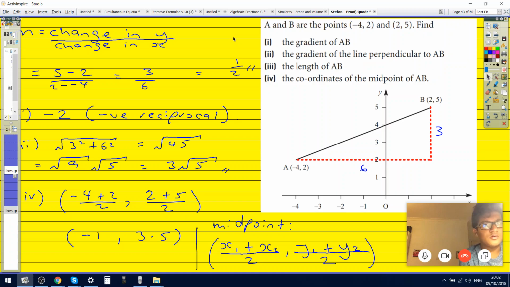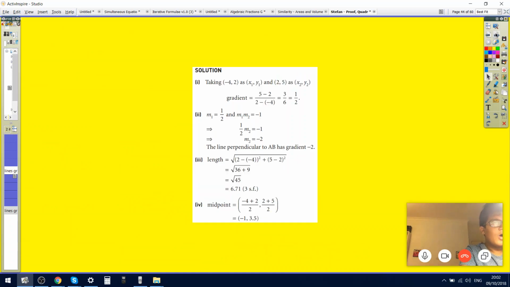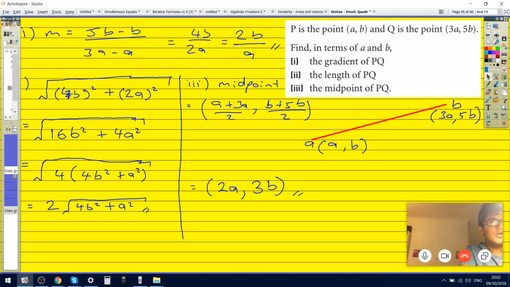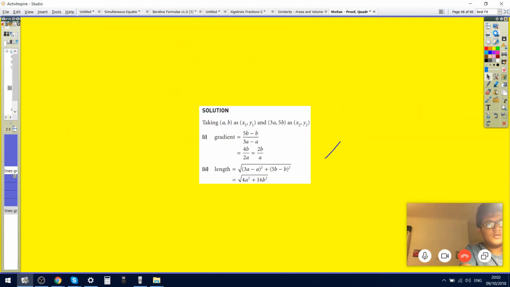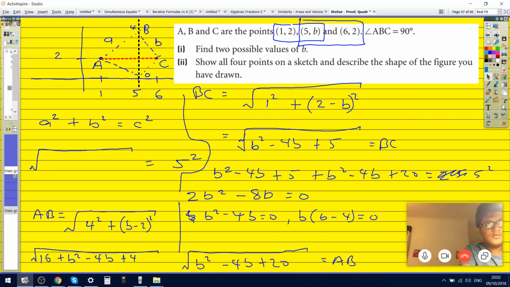Okay. And then how do you find the midpoint of a line segment? You add the two x values and you add both the y values, and then you divide each by 2: the sum of x values divided by 2, the sum of y values divided by 2. And that gives your coordinates. So then we did a pure algebra. Then we did this.